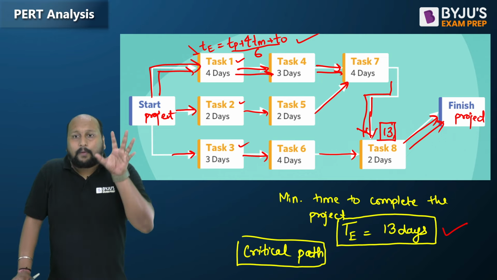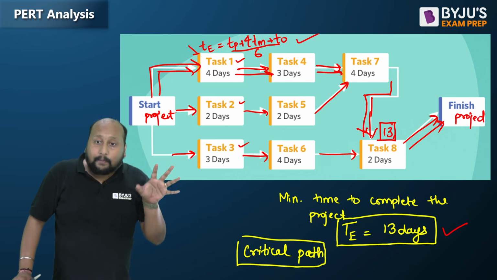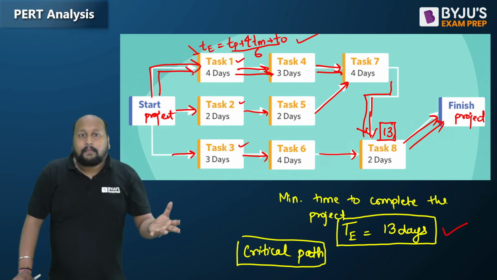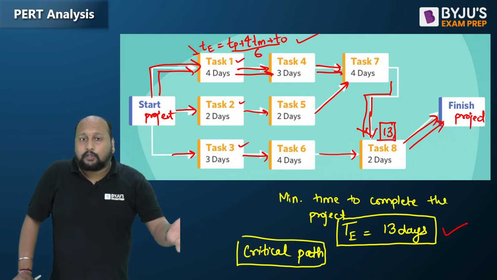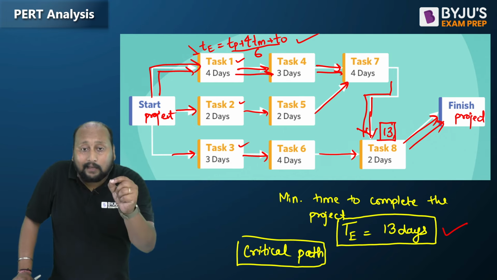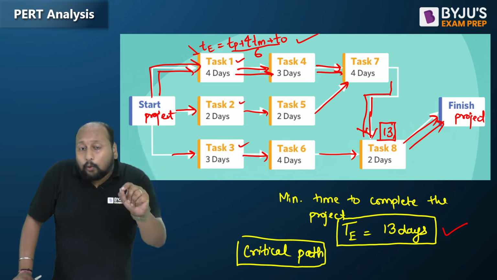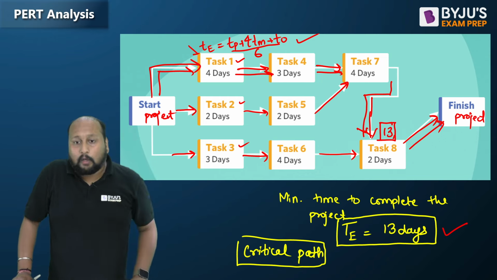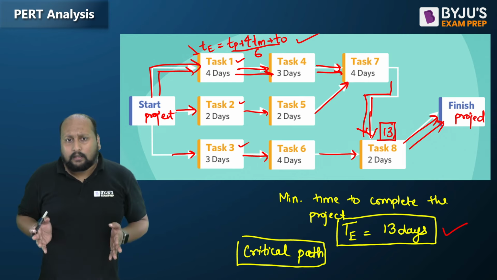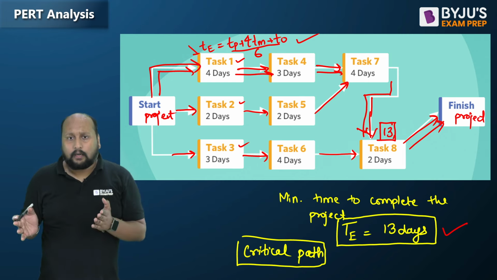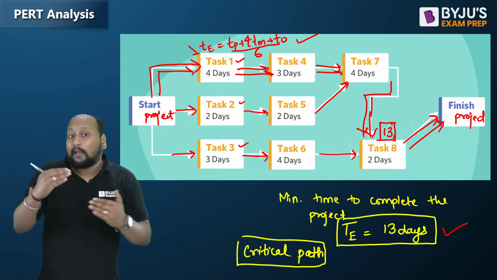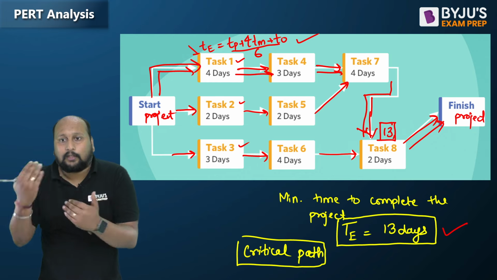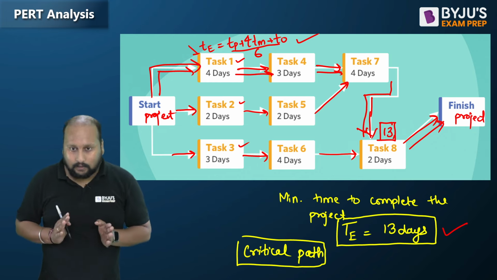So once we have obtained the minimum time to complete the project, that is capital TE, after that the main calculation comes into the picture: what will be the probability to complete this project in some scheduled time. Because why are we doing all this? We are doing this for scheduling, for project evaluation, or to know the blueprint of the project. Before the project is actually started, we are doing this analysis.